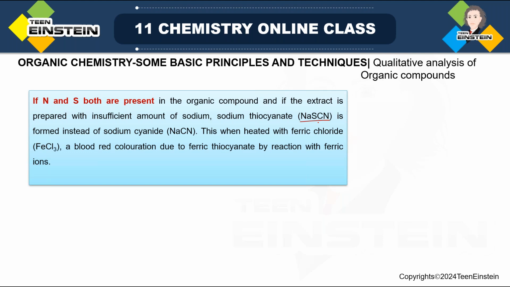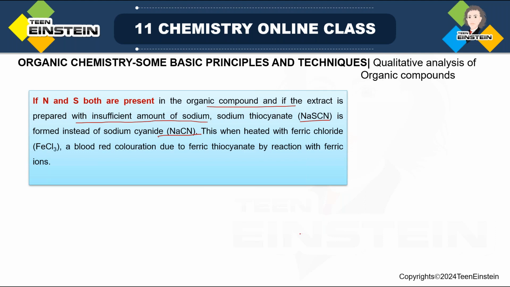Not just N and S both being present, another condition must also be met: the extract must be prepared with an insufficient amount of sodium, because if the sodium amount is sufficient, then NaSCN will not be produced. So only when N and S are both present and the sodium is insufficient will NaSCN be formed instead of sodium cyanide. Not NaCN, but NaSCN will be produced.